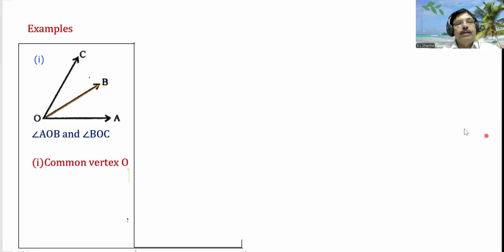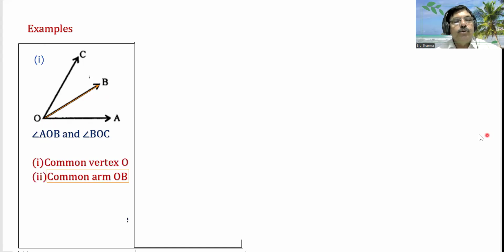They have a common vertex O. This vertex is O, and this is common for both the angles. They have common arm OB. In AOB and BOC, the arm OB is common, so you can write a common arm OB, which means that the two angles AOB and BOC have one common vertex O and one common arm OB.